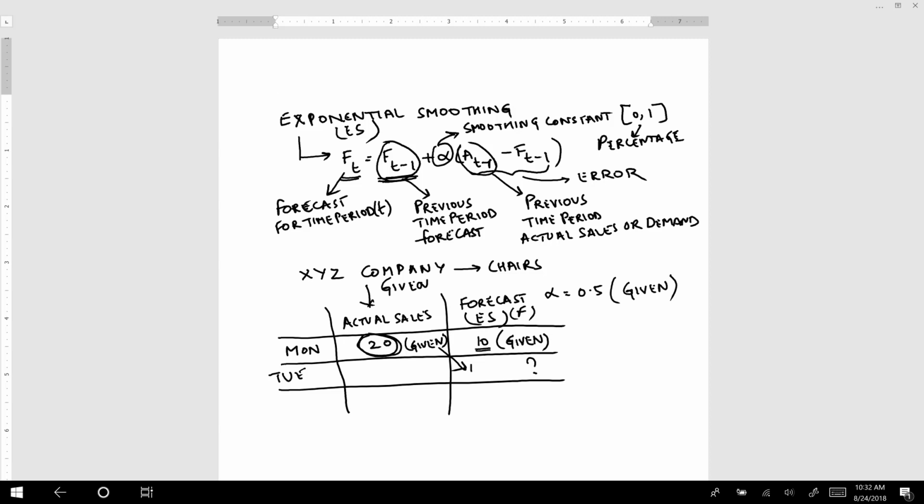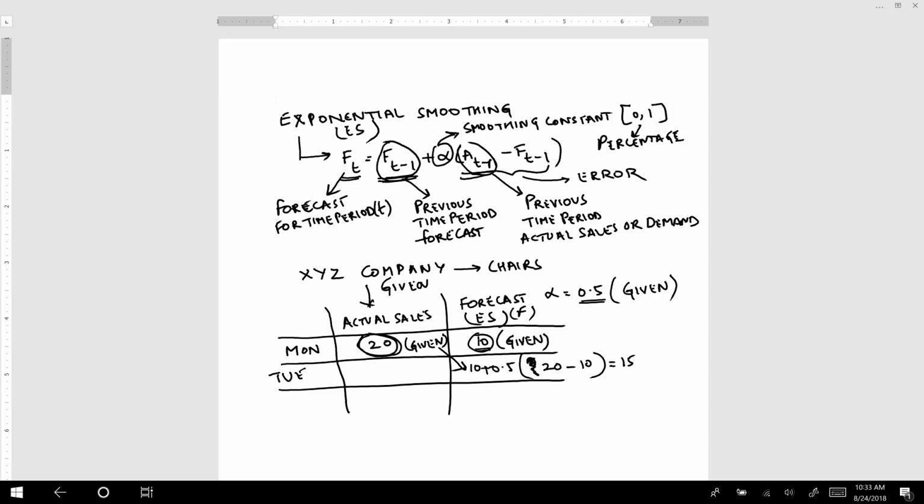F of t minus 1 is 10, plus our smoothing constant 0.5, multiplied by the actual A of t minus 1, which is 20, minus F of t minus 1, the previous time period's forecast, that is 10. If you calculate this, you should get a forecast of 15.